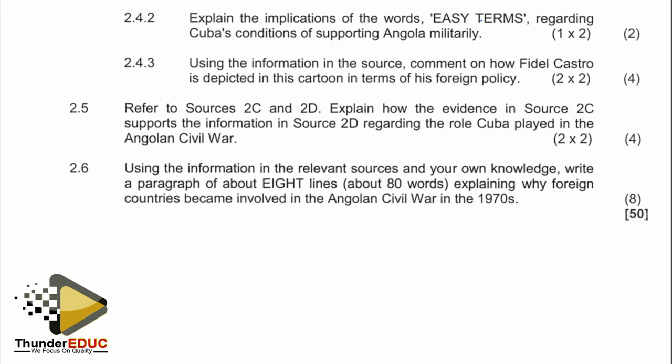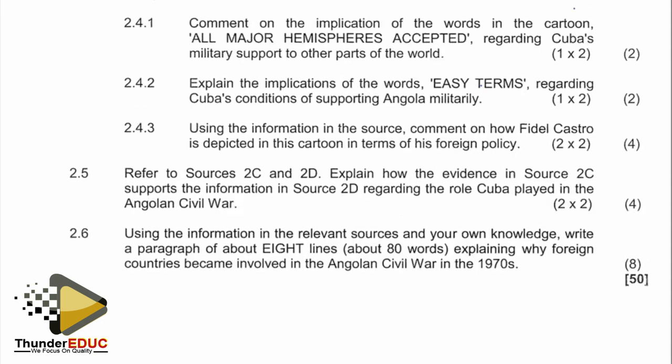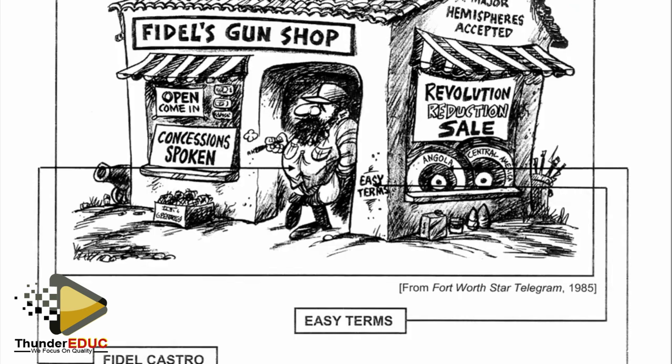2.4.3. Using the information in the source, comment on how Fidel Castro is depicted in the cartoon in terms of his foreign policy. He is a shop owner who is selling. If we check how he is portrayed, it's Fidel's gun shop. A president who has a gun shop which is selling guns, and the gun shop is accepting all hemispheres, and the shop is having easy terms for whoever wants to get in.